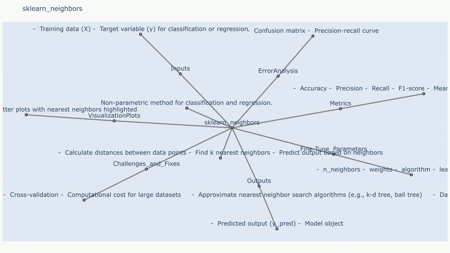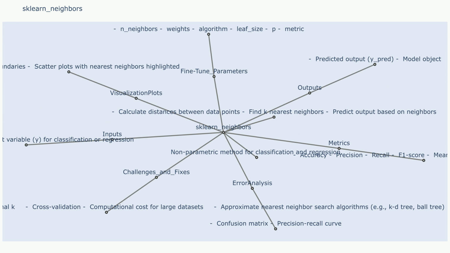Fixes to Challenge 3. Approximate nearest neighbor search. Use approximate nearest neighbor search algorithms like KD trees or ball trees to speed up the search process. Data subsampling. Train the model on a smaller subset of the training data to reduce computational complexity.